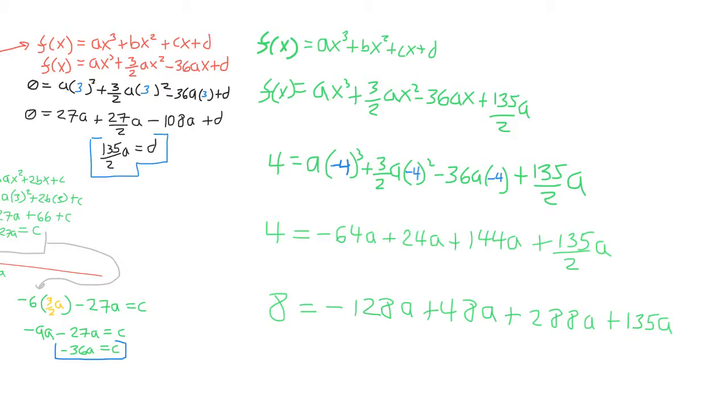So that becomes 343a equals 8. So we then have a equals 8 over 343.